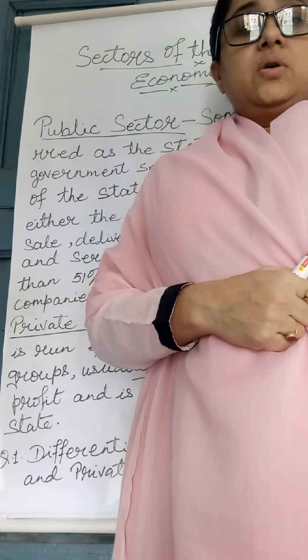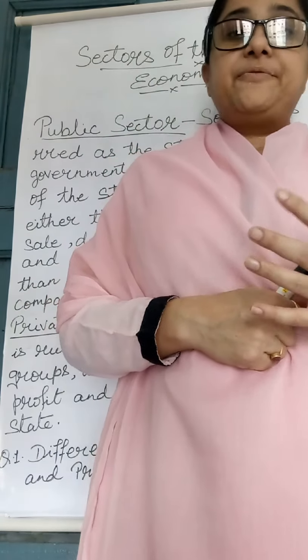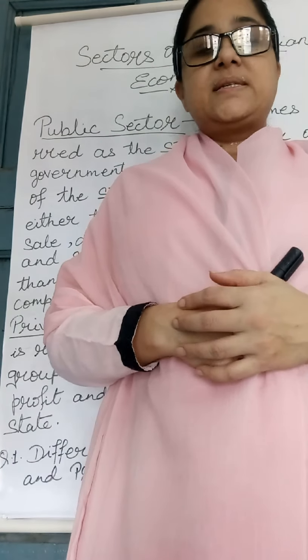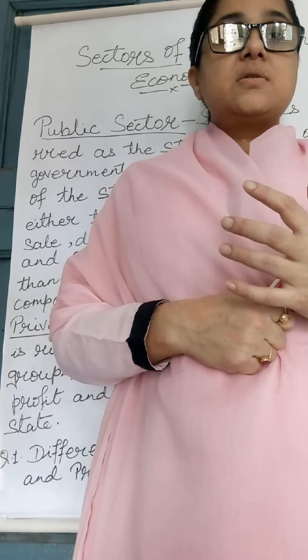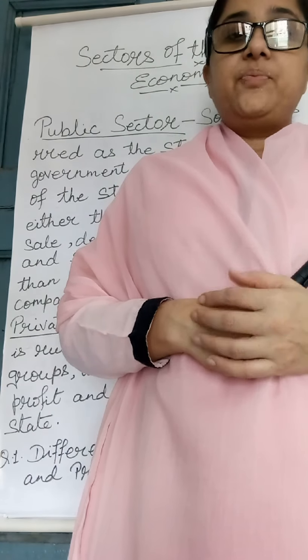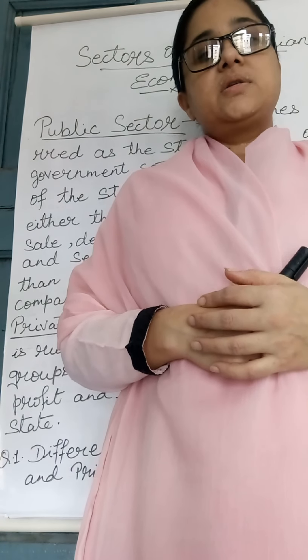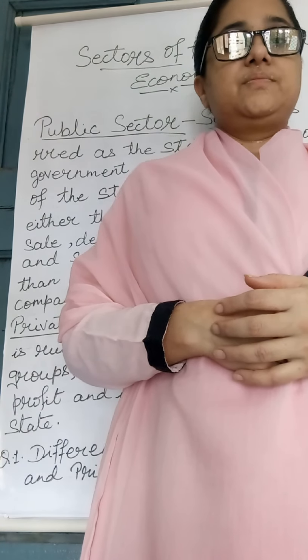So, in terms of ownership, the sectors can be divided into public sector and private sector. In the public sector, the government owns most of the assets and provides all the services.